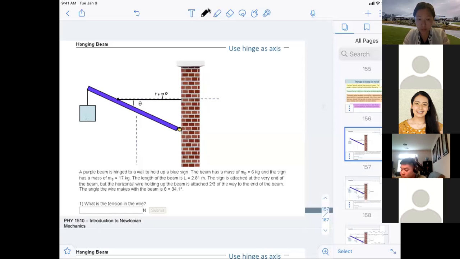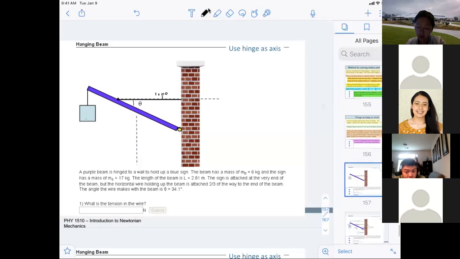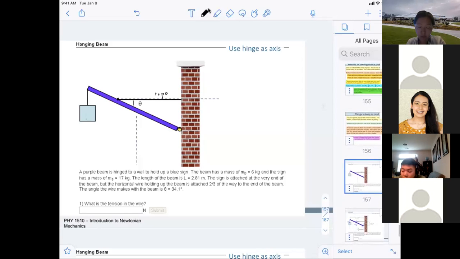So here's what we're given. We want to calculate the tension in the wire. We have talked about the general approach to solving static equilibrium questions: first of all, draw all the forces and also label the distance for each of the forces.